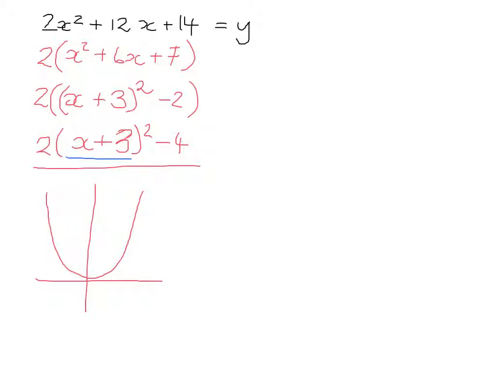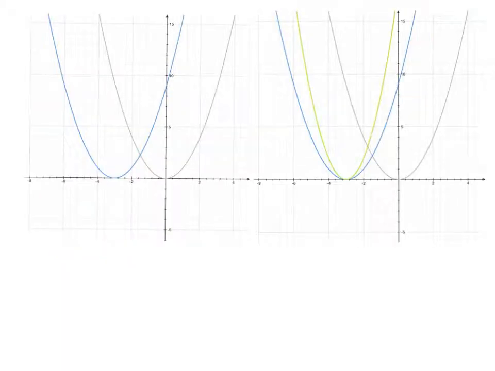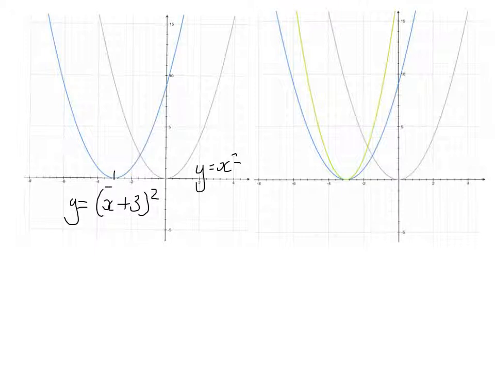So perhaps we can move on to the next and have a look at that. Now we have multiple graphs. We have y equals x squared as the grey graph. This graph here is y equals x plus 3 all squared. I can tell that from the graph because it's going through -3 here, so I could read that off the graph anyway.